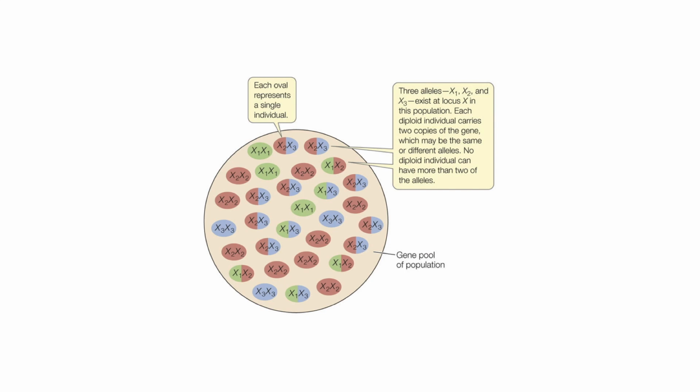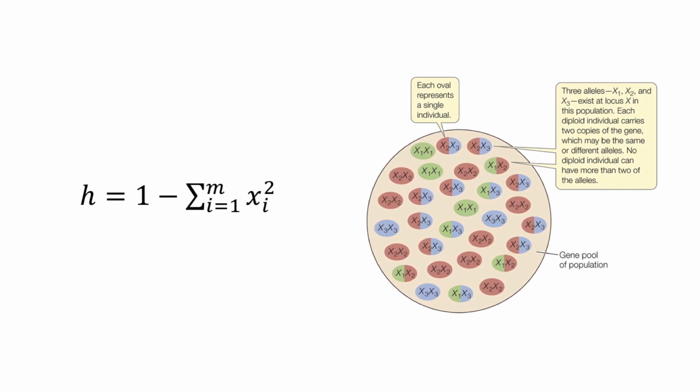Another type of descriptive method is looking at gene diversity and heterozygosity. Gene diversity at a locus is defined simply as, if you look at this formula, the number of alleles multiplied by their frequency.